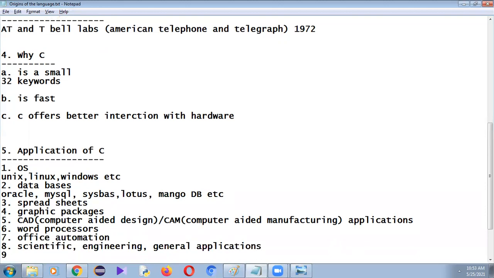And the next one is very important: compilers and interpreters.